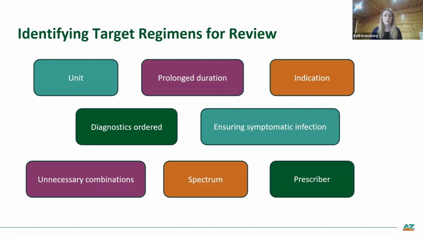You could also look at unnecessary combinations. This is a pretty low-hanging fruit in the world of stewardship, particularly double anaerobic combinations. This may not impact SARs directly, but it's a good stewardship low-hanging fruit to address. You may want to start with spectrum and focus on the novel beta-lactam or beta-lactam, beta-lactamase inhibitors.